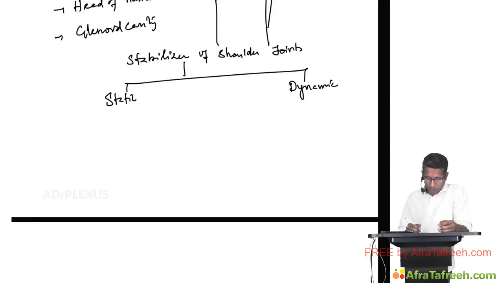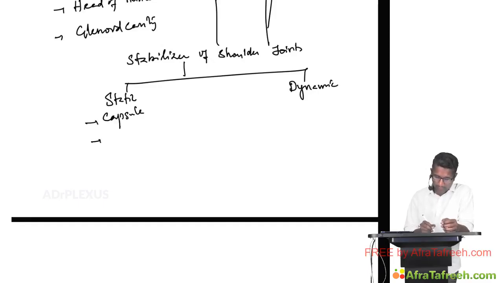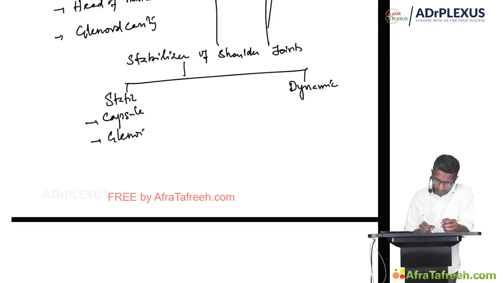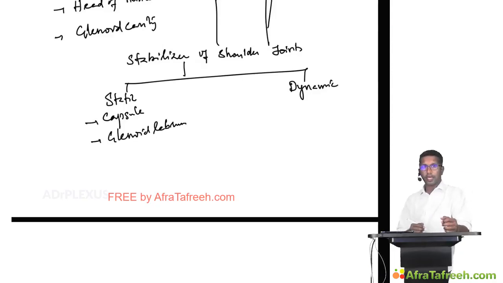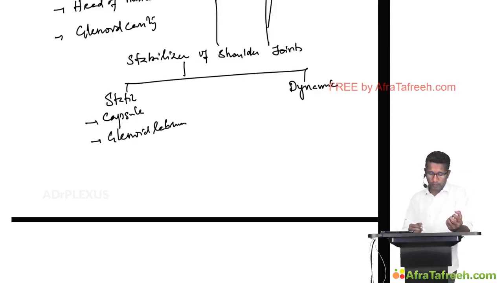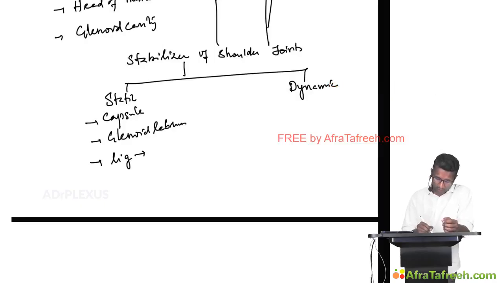The static stabilizers are usually the capsule, the glenoidal labrum, and the ligaments. What are the ligaments present here? They are the glenohumeral ligaments.